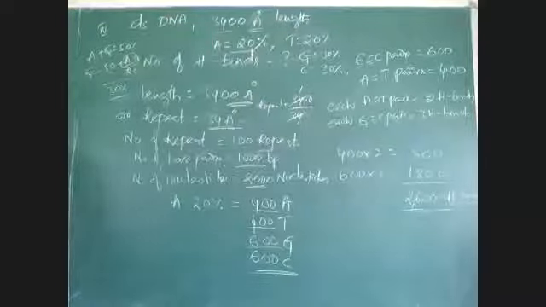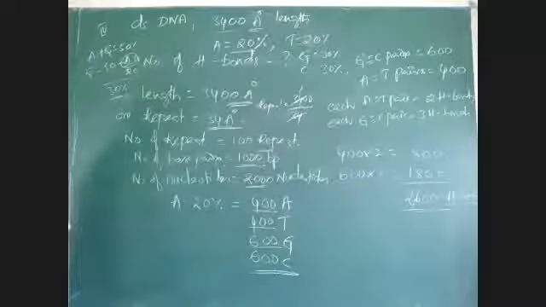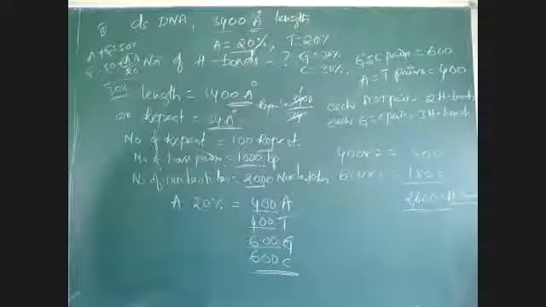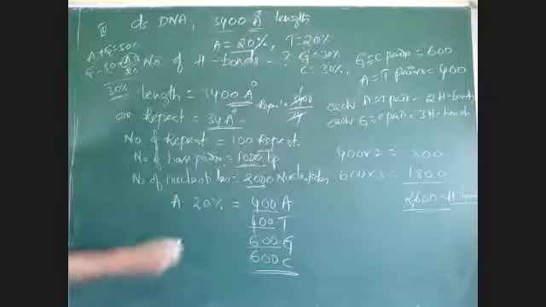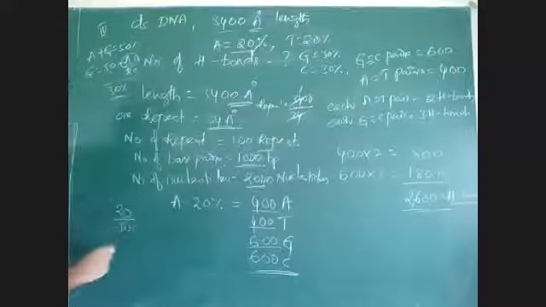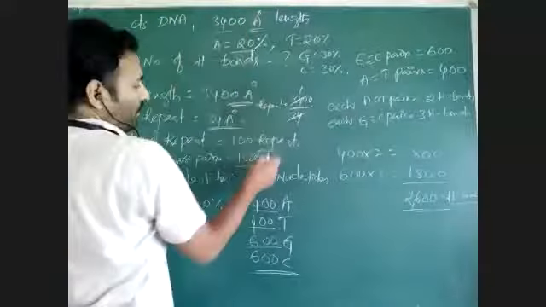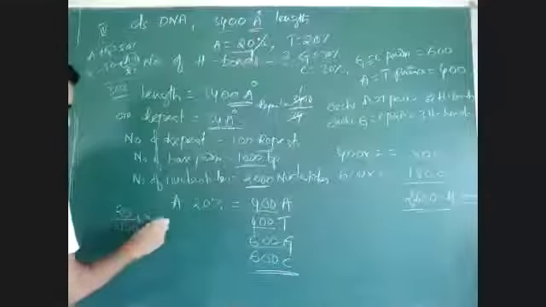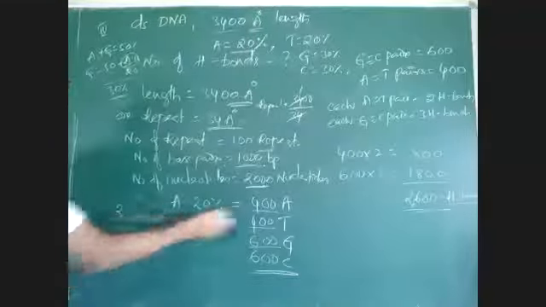Again the same question. Yes, I am teaching slowly only, right? That's why I am giving time also. How to calculate this percentage: 20 per 100, total number of nucleotides here is 2000. 20 by 100 into 2000, 400 will come.